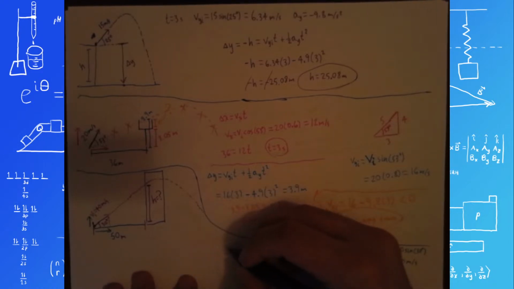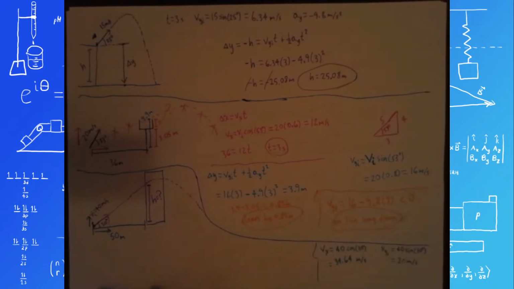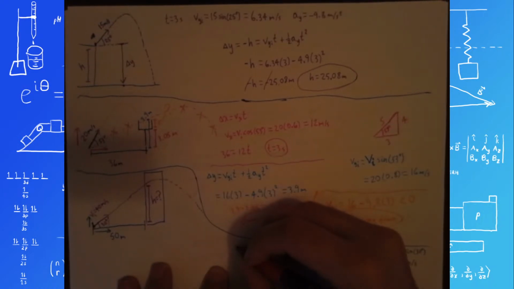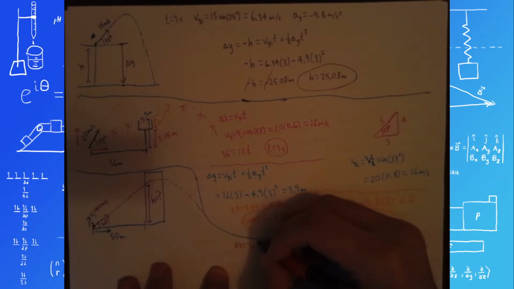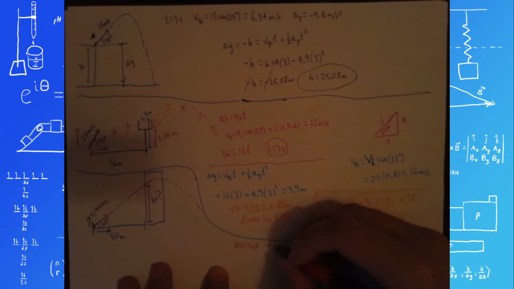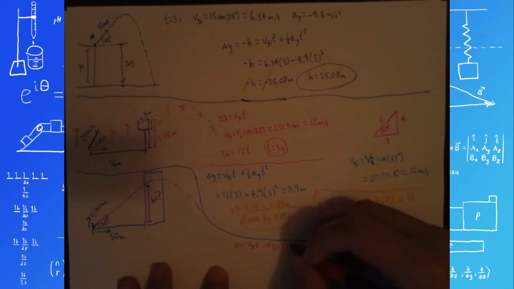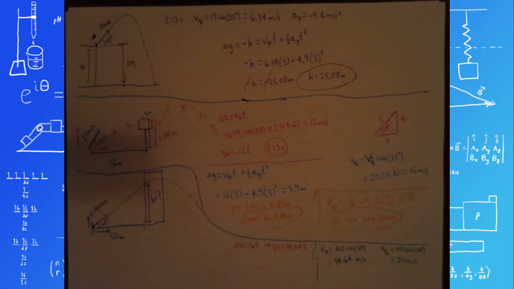Let me switch colors here. We can do delta x, which is 50, equals Vx times t. 50 meters equals 34.64 times t. So we can solve for t.